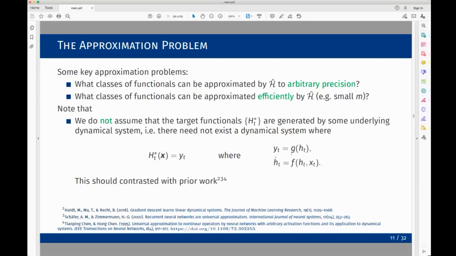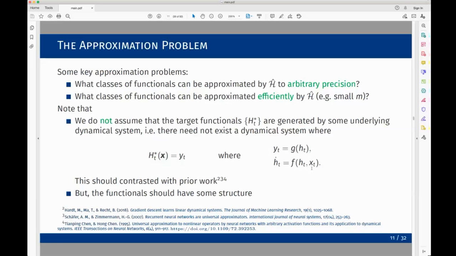This is a common setting in a lot of prior works. Here, we do not make these quite strong assumptions. We are only given temporal input and output pairs, which are not necessarily generated by a dynamical system.